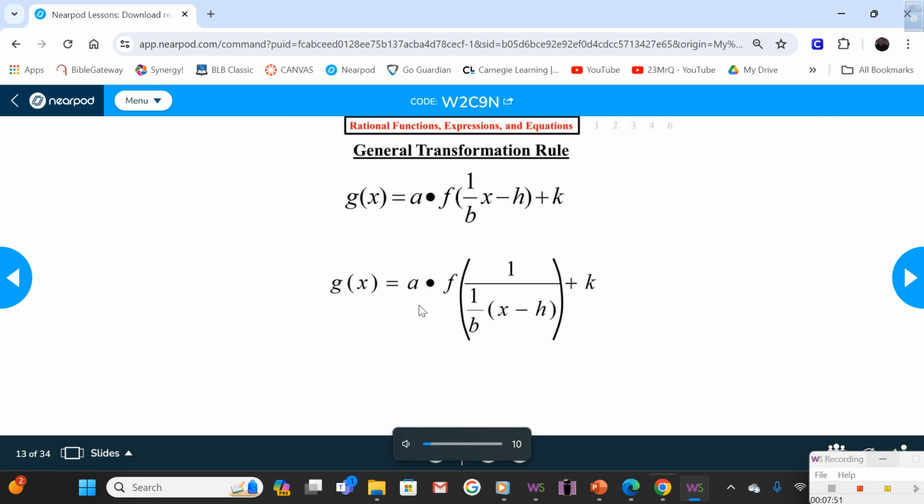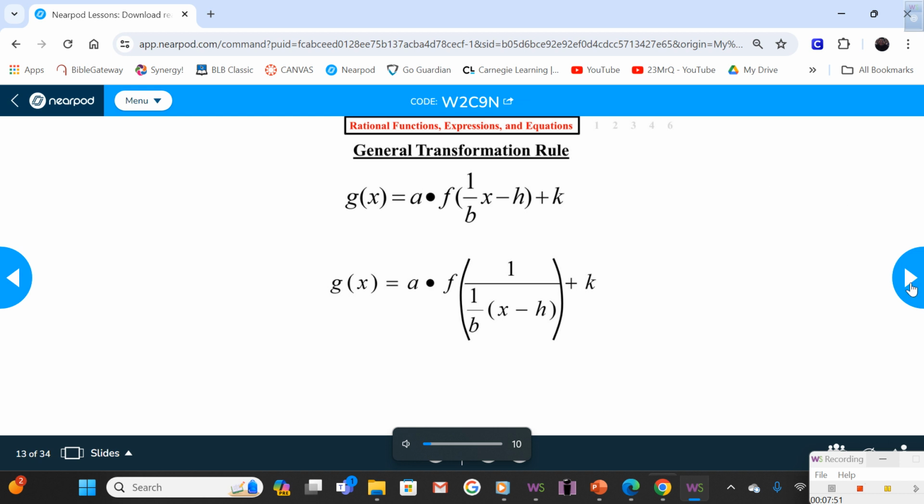Left and right. How about A? He said shrinks or stretches vertically. That means that B does what? Stretches or compresses horizontally.